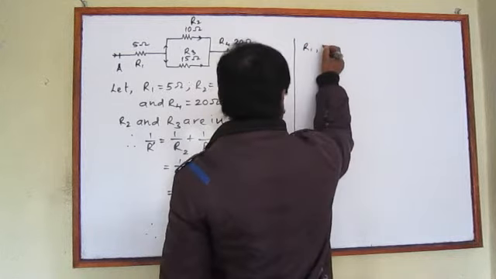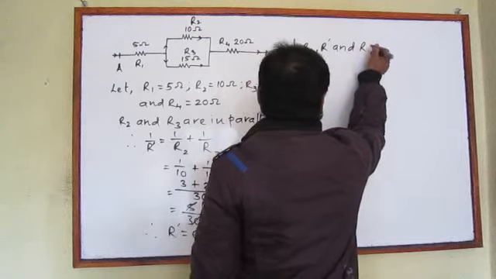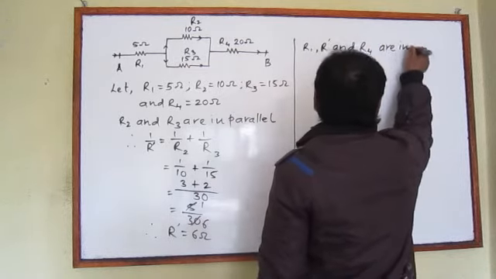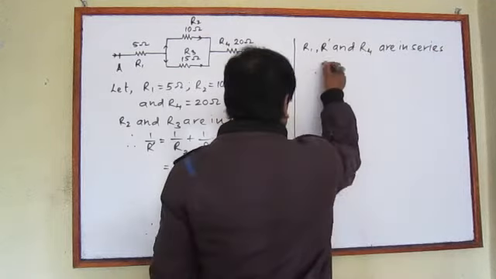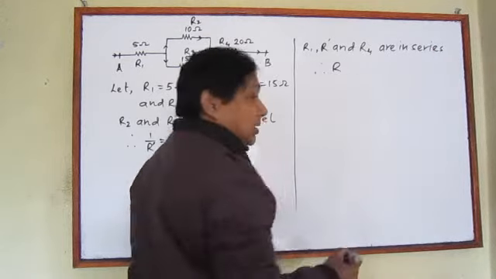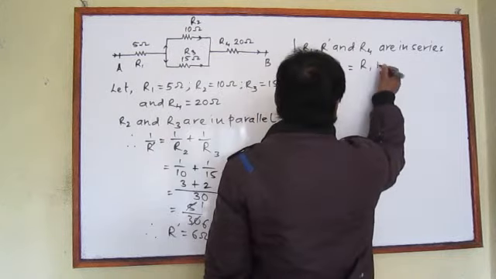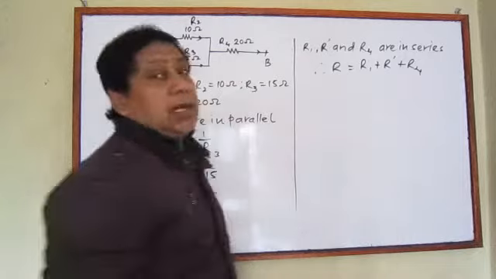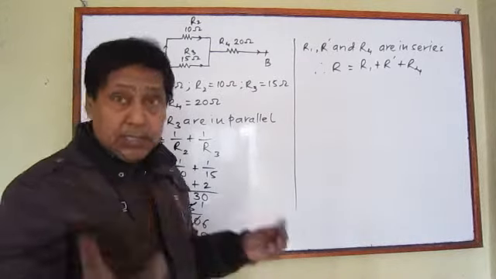R1, R' and R4 are in series. Therefore, total resistance R will be equal to R1 plus R' plus R4, because in series combination total resistance is equal to the sum of the resistances of each resistor.